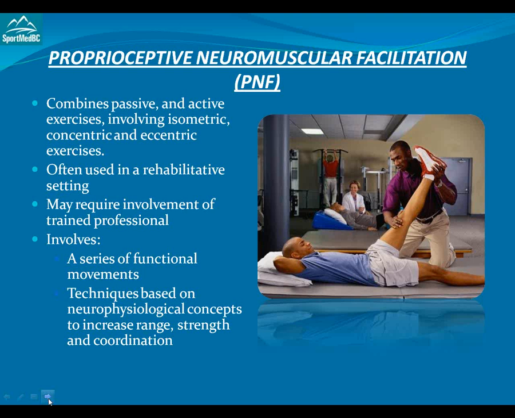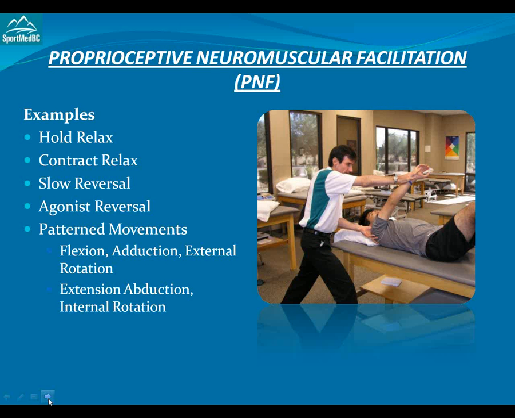And it can involve a series of functional movements and techniques that aim to increase range, strength, and coordination based on neurophysiological properties. So a few examples are hold-relax, contract-relax, slow reversal, and agonist reversal, and then also some patterned movements that really help to get the athlete or the patient back to their normal function.